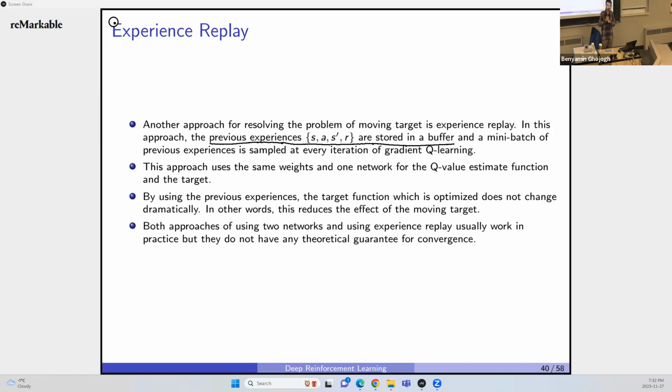So in gradient descent, if we oscillate a lot, we use momentum, and we don't oscillate much. Likewise here, when we use the previous experience, we'll not have drastic changes. As a result, hopefully converge. By the way, this approach is called experience replay. These two approaches do not have any theoretical guarantee for convergence, but they usually converge in practice.